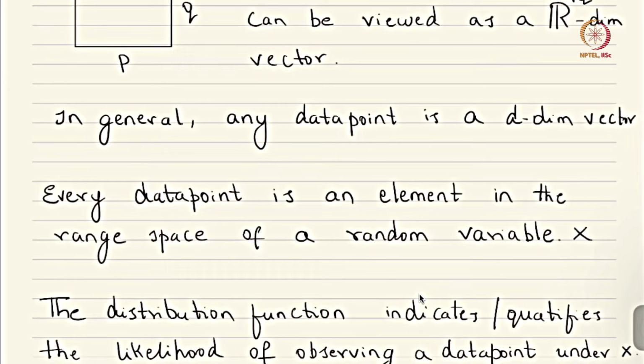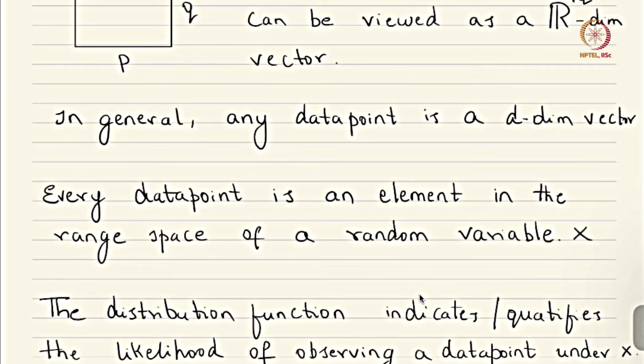What is an event in this particular case? The event is obtaining that image. What do you mean by obtaining an image? Having these particular pixel observations. So the distribution function ultimately tells you the likelihood of obtaining this particular image under this random variable.